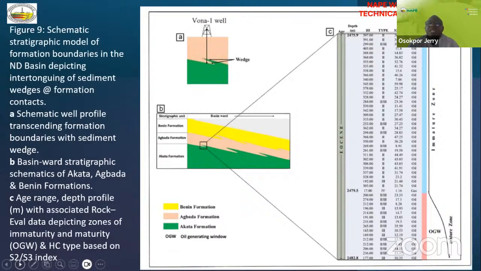So what are we looking at? Is it that the Akata is on top and the Agbada is beneath because of this intertonguing? So this is what this diagram is trying to do. This is a model we have erected using this geochemical data set. Next slide.